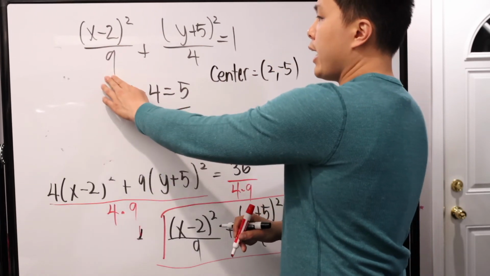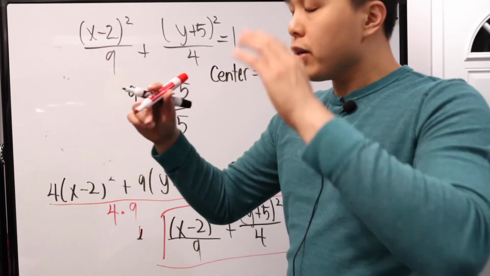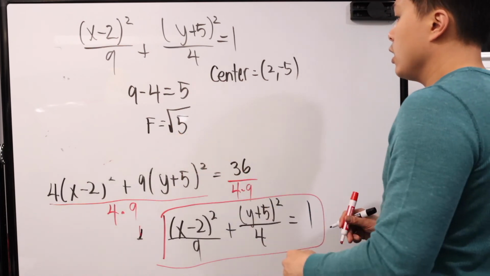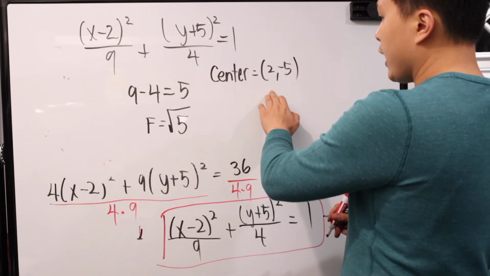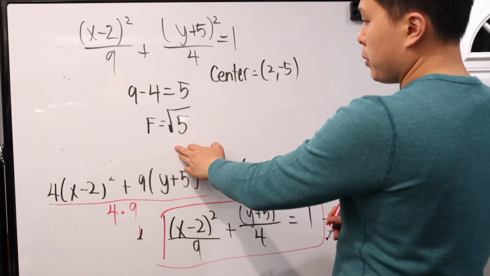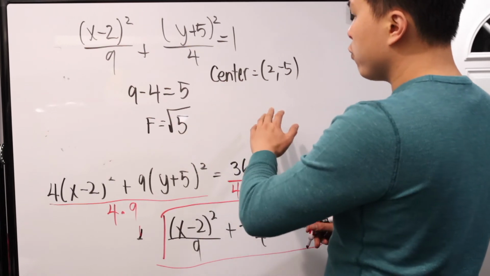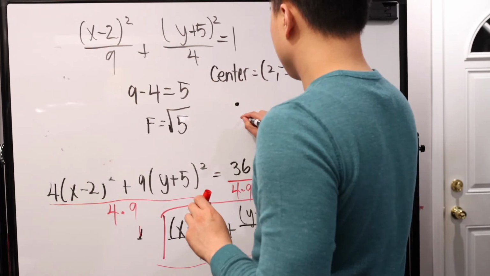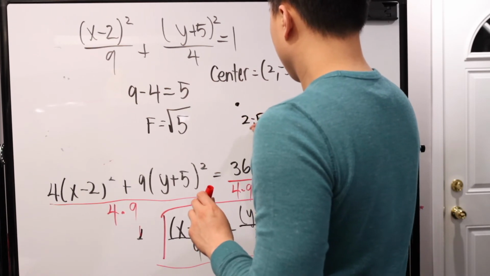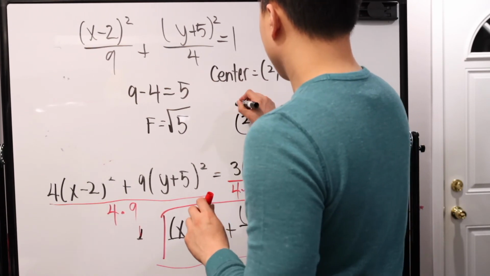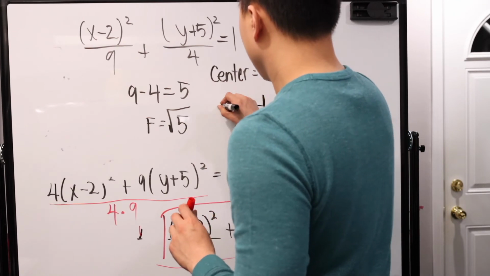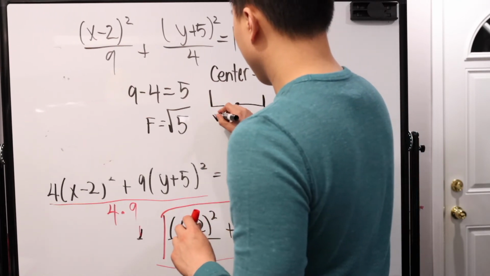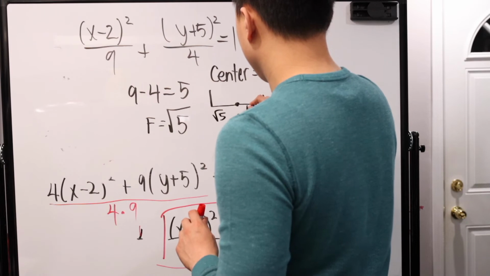Since this is under the x and this is the larger number, that means it's going to be wider than it is tall. So if that's the case, then we know that we're working with the x coordinate. Since this is going to be our focus point, we need to move from the center left and right. So if our center is at 2, comma, negative 5, we're going to have to move left and right, square root of 5 on both sides.